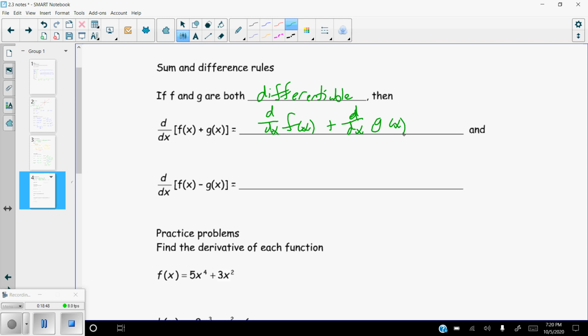It just means you can separate each individual function and do its derivative. Subtraction works the same way. It's going to be the derivative of f of x minus the derivative of g of x. So you can split addition and subtraction of functions and do each derivative independently and then put them back together again.